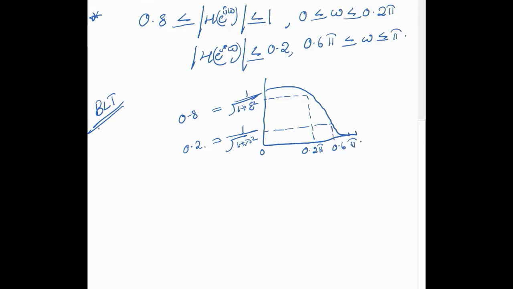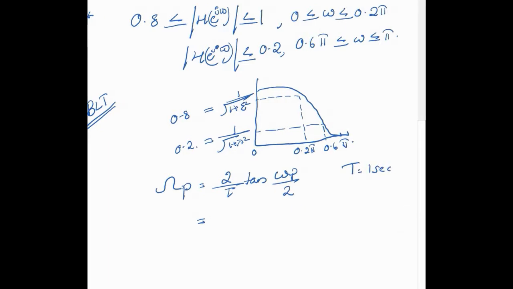Here to do BLT, you have to first pre-warp the signal. You have to find omega p equal to 2 by T tan of omega p by 2. Here T is equal to 1 second, and this is not given, so you can take it as 1 second. So 2 tan of 0.2 pi by 2, that you will get 0.6498.